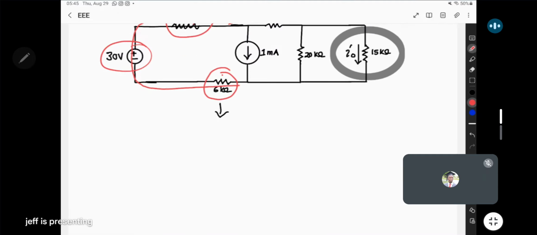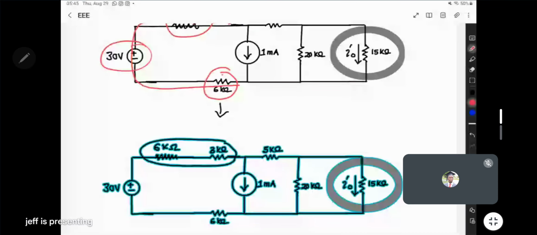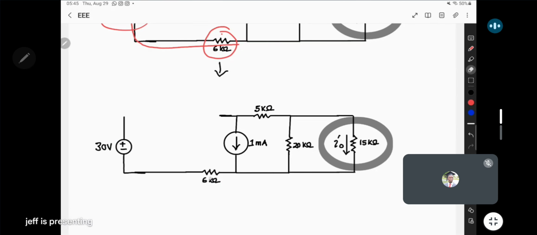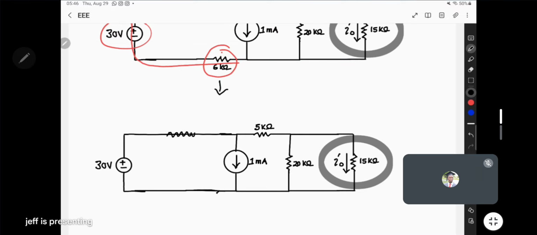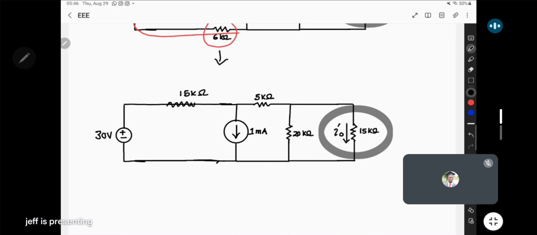Our circuit in that way would reduce further. So that now we can view it as, this becomes 15 kilo ohms.